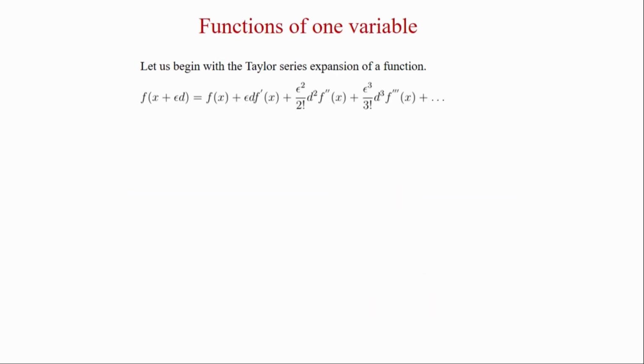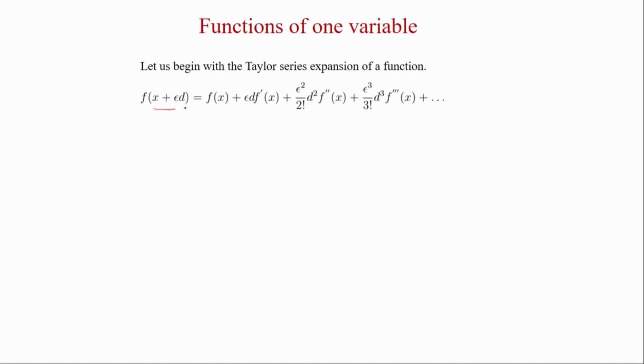So how many of you remember the Taylor series? What is your Taylor series doing? You must have seen all this in school or maybe first year, right? The Taylor series is just an expansion of a function. You want to calculate the function at a point x plus epsilon d, where epsilon is just a small number.